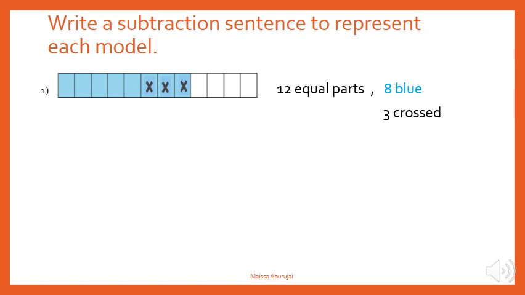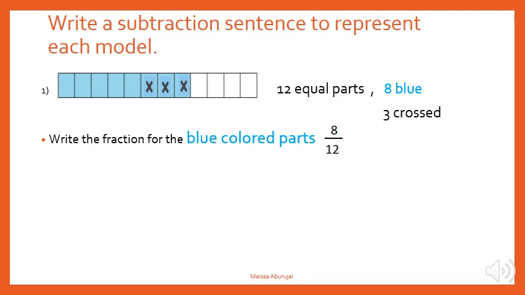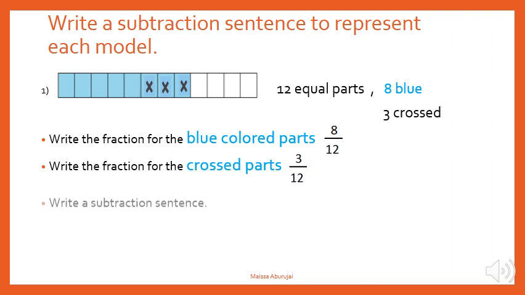Here you will first write the fraction for the blue colored parts. There are 8 colored parts from 12, so 8/12, and then write the fraction of the crossed parts. There are 3 crossed parts. Then write the subtraction sentence.